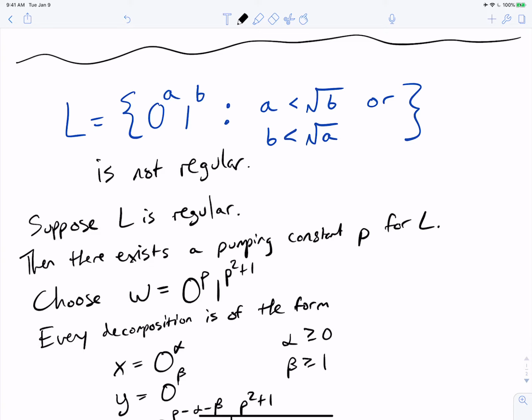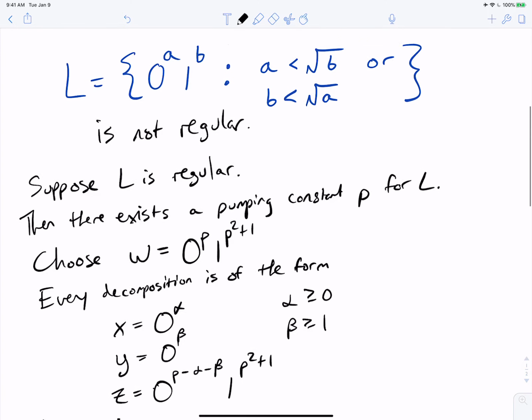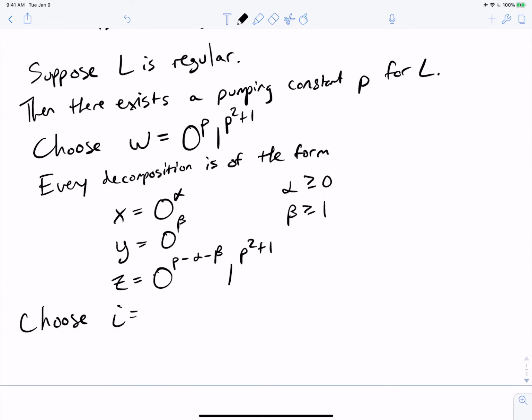Well, the number of zeros is still less than the square root of the number of ones. So 0 is not going to help us. If you could get P cubed, then the square of p squared would be greater than p squared plus 1, but I don't think you need to go that far.